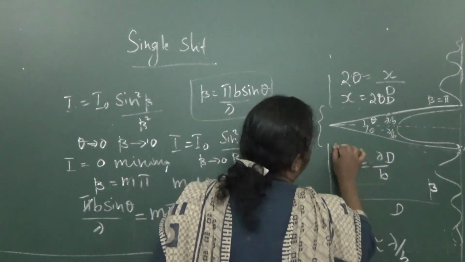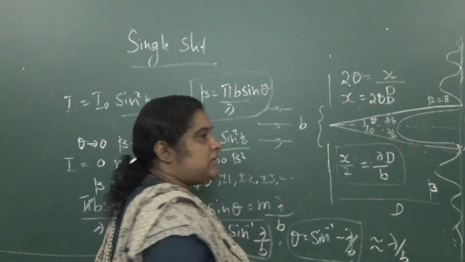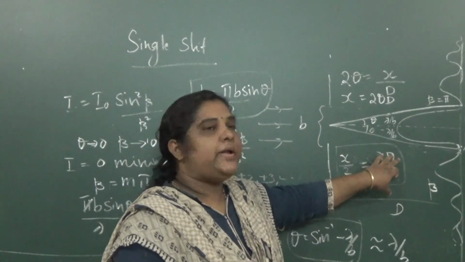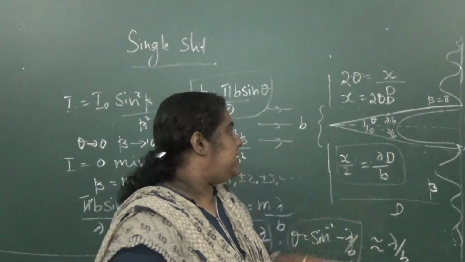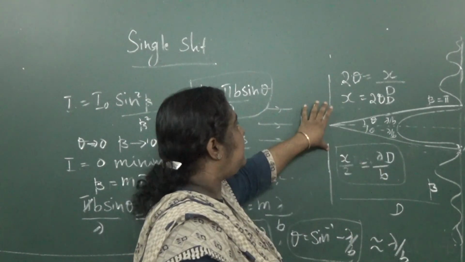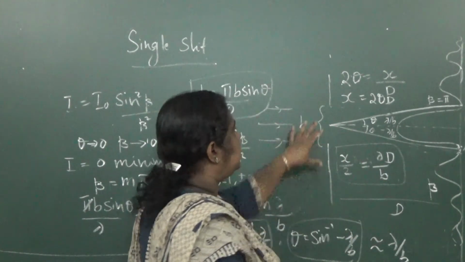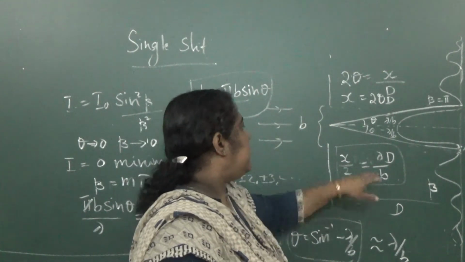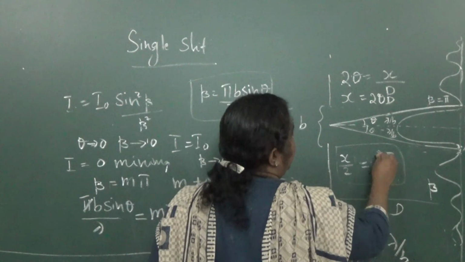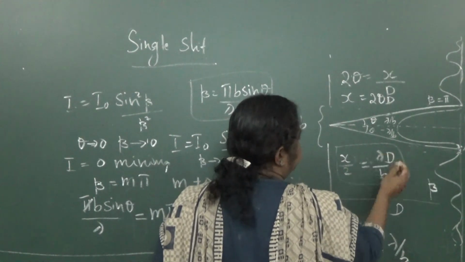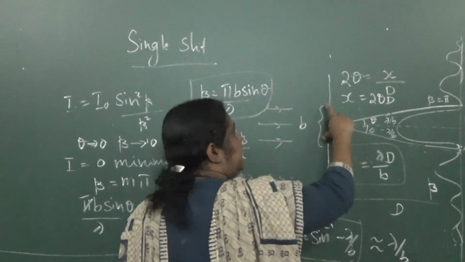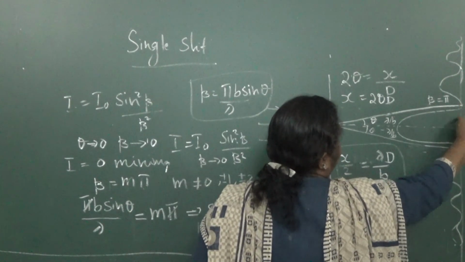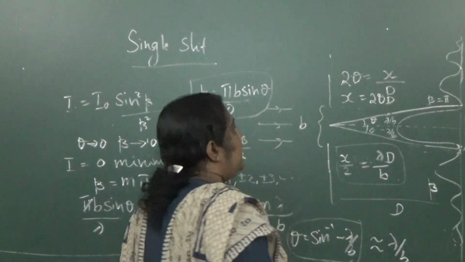You remember a somewhat similar equation, beta is equal to lambda D by d, where d was the distance between the two slits. Here the width is lambda d by b, where b is the width of the slit. So that is the distance between these 2 points, the maxima and the minima, up to lambda by b.